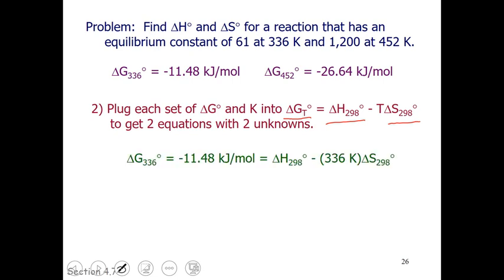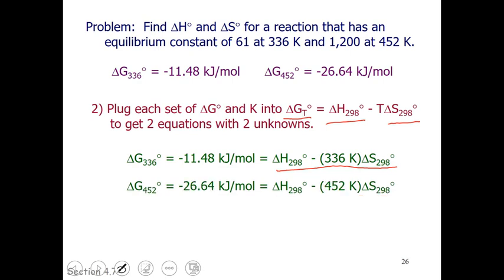Here's my first equation at 336. I calculated this value and I know it equals delta H naught minus 336 Kelvin delta S naught. The same is true for delta G naught at 452. I solved for a value and it's going to be equal to delta H naught minus 452 Kelvin times delta S.